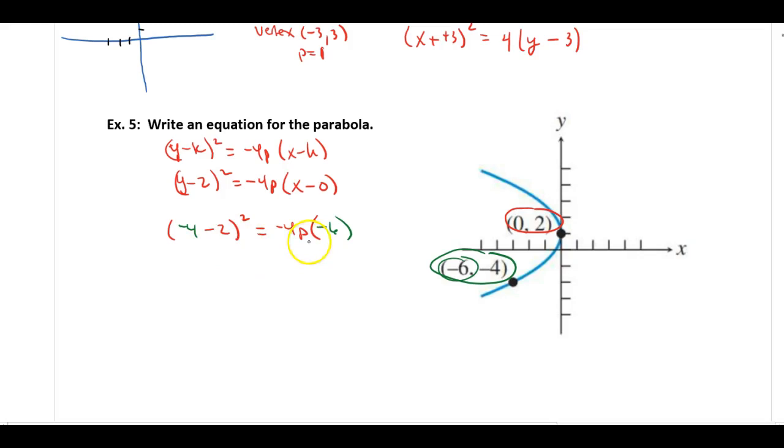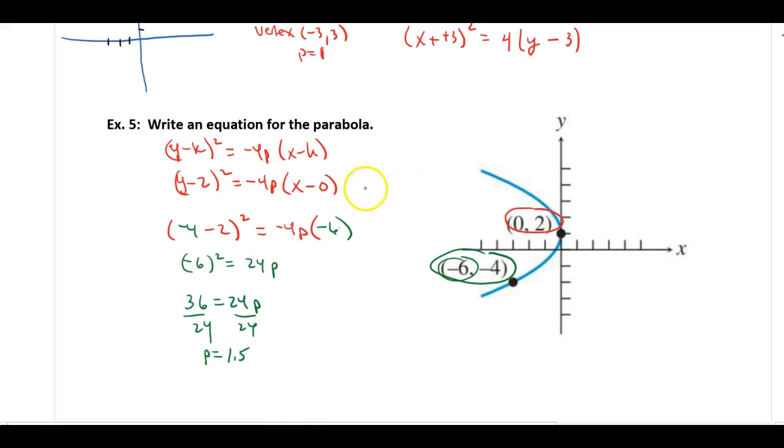So right away here, I can go ahead and solve for p. So that would be (-6)² equals -4 times -6 is 24p. So 36 equals 24p. And if I divide by 24, I get p is equal to 1.5.